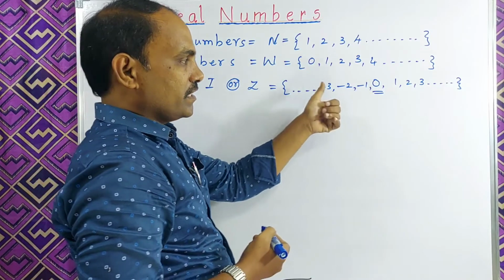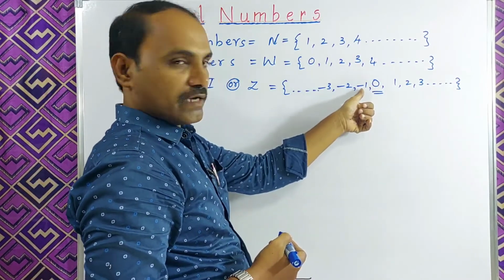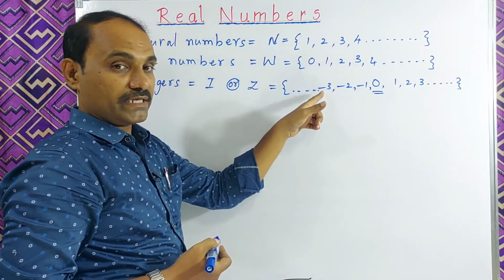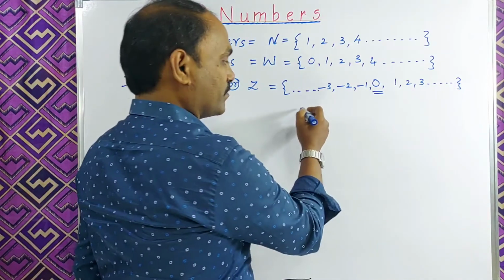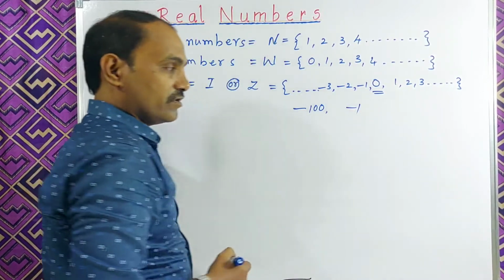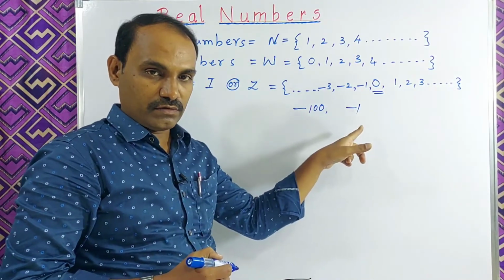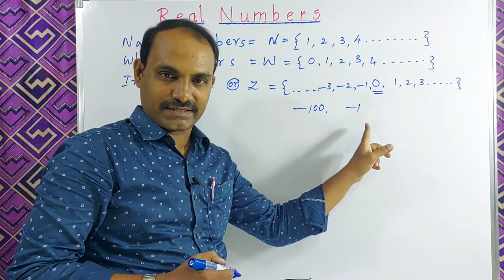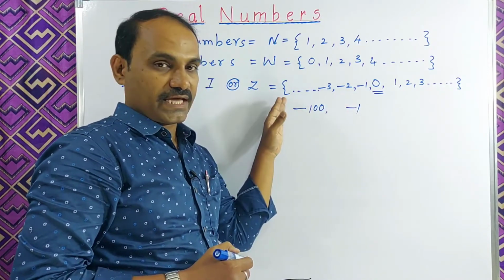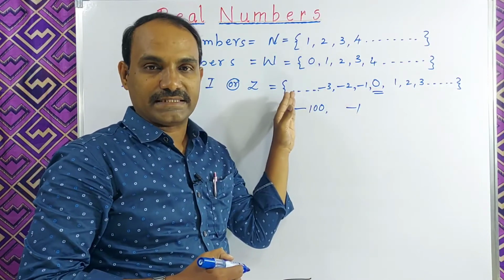What it means? 0 is greater than -1, 0 is greater than -2, 0 is greater than -3. For example, -100 and -1, which one is greater of these two? -1 is greater. Why? Because when we move left side, the value decreases.